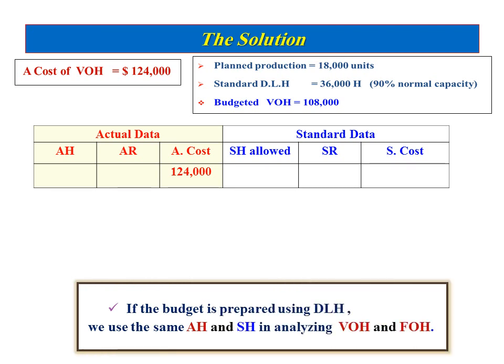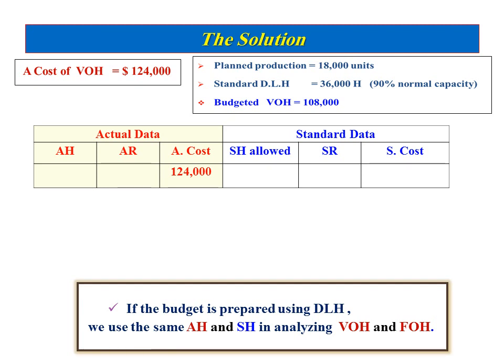If my budget is prepared using direct labor hours, I will use the same actual hours and standard hours in analyzing variable overhead and fixed overhead. I mean the same actual hours and the standard hours which you calculate when you prepare the direct labor table, okay? Again, don't calculate again.